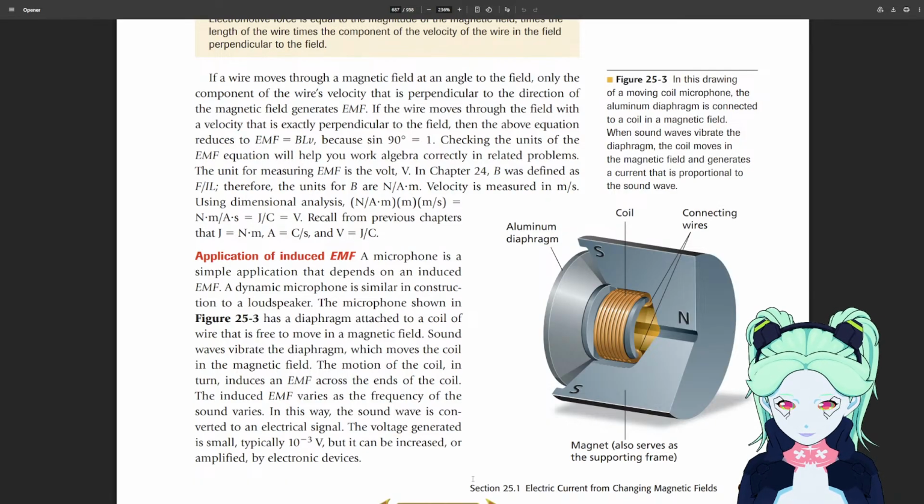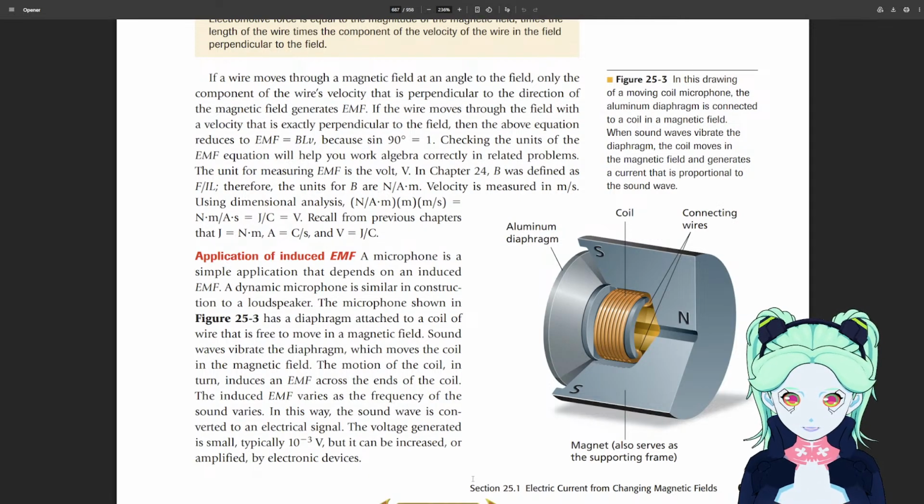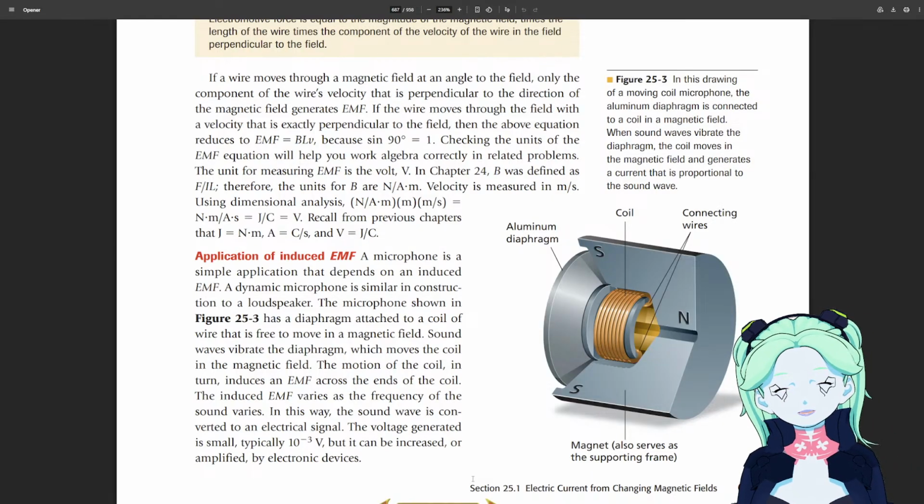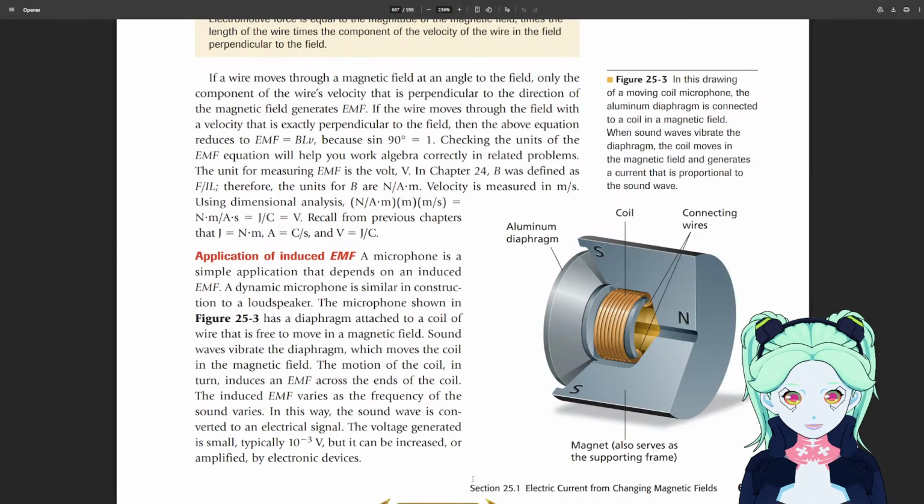Let me be clear. Can the moving rod be considered, I know the words are bad, an induced battery of sorts? Maybe the words are wrong, but you know what I mean.